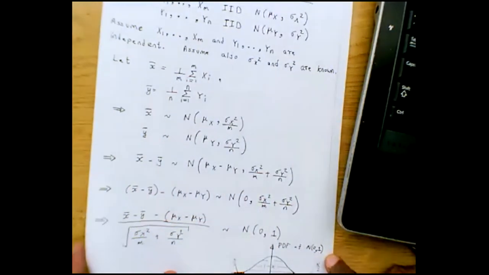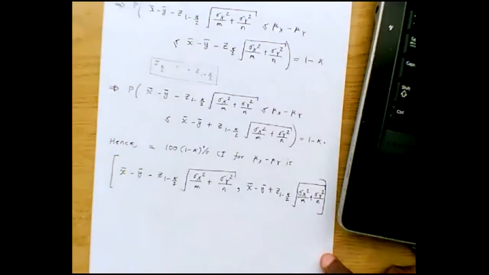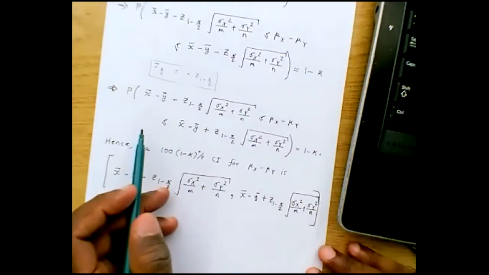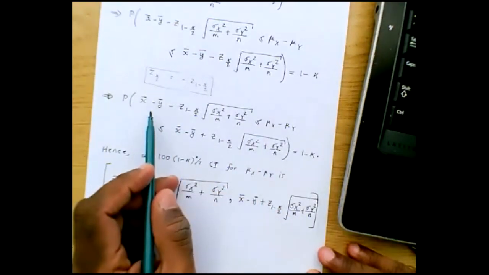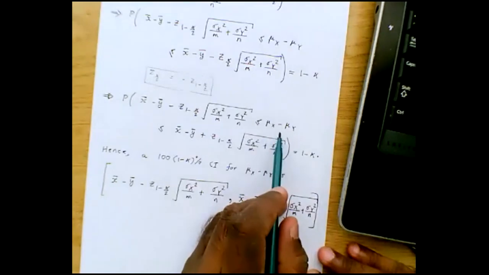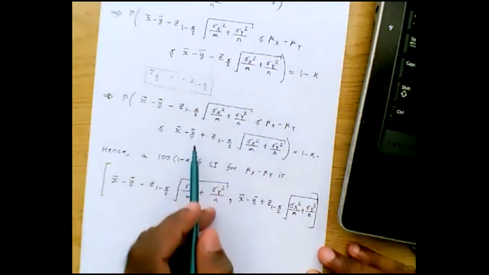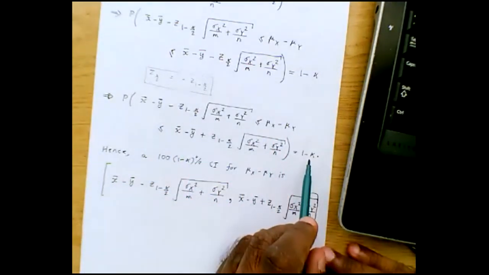If you follow all these steps, after a while you will get to this statement. This statement says that the probability that the difference in the population means lies between this and this is equal to 1 minus alpha.